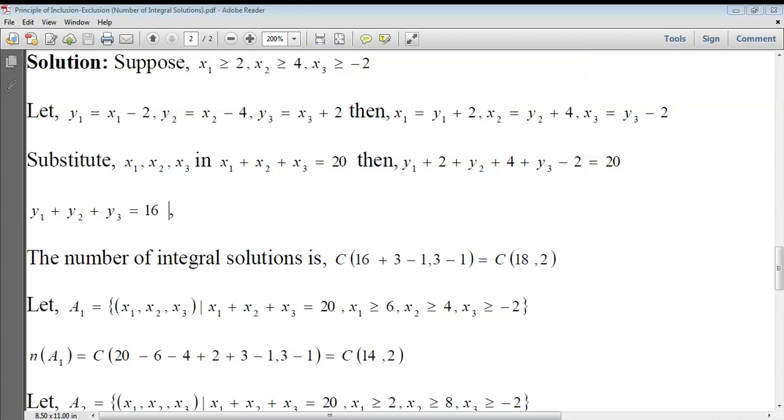That is the same as the number of solutions with the condition x1 greater than or equal to 2, x2 greater than or equal to 4, x3 greater than or equal to -2, minus. So once again, see the formula.